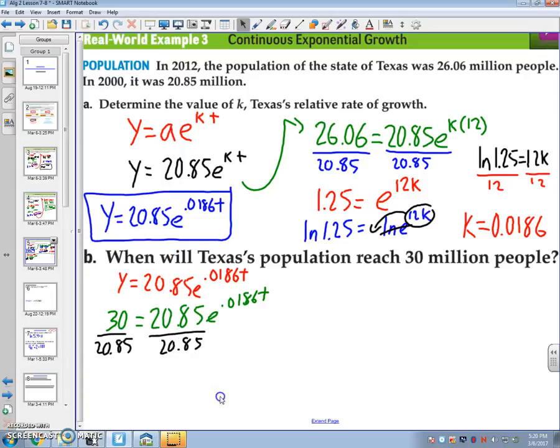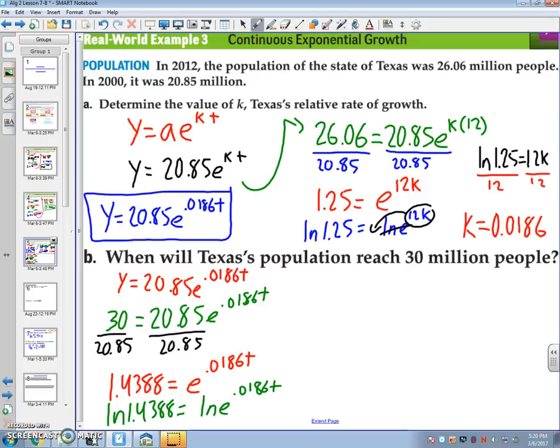Let's just keep that. 1.4388 equals e to this number. I'm going to ln both sides. ln of 1.4388 equals ln of e to the 0.0186t.